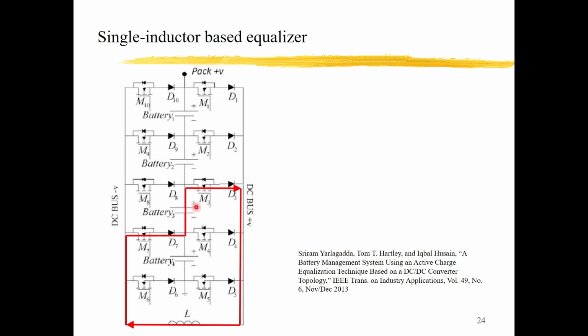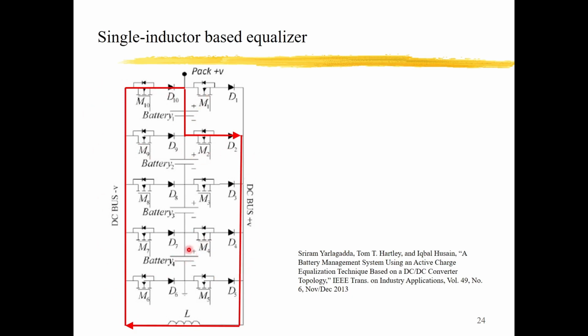Now I assume that this battery has the highest SOC, then we just turn on these two switches, and the current will flow this way. And if I assume that the first battery has the lowest SOC, then we turn on these two switches, and of course turn off these two, and then the current will flow in this loop.